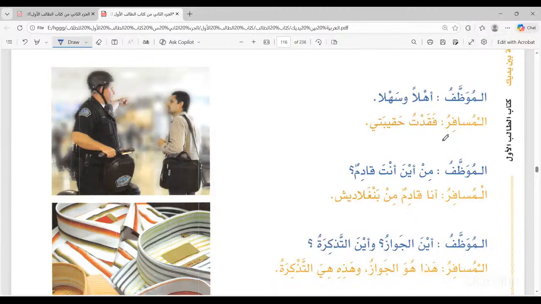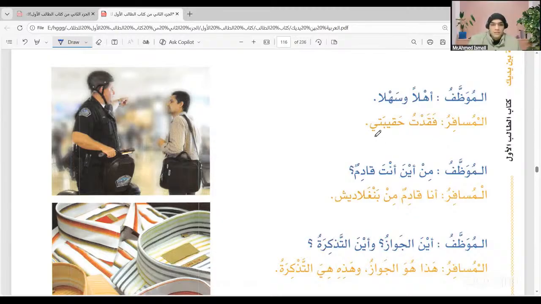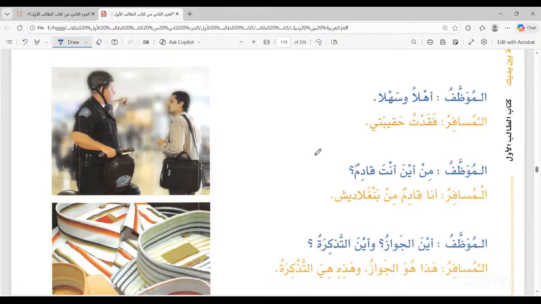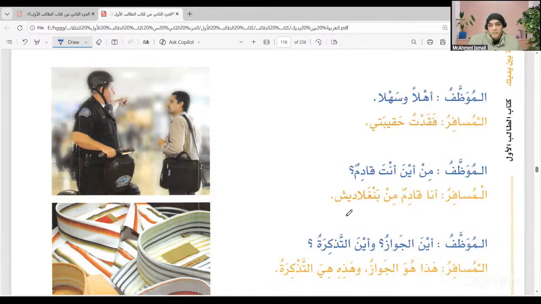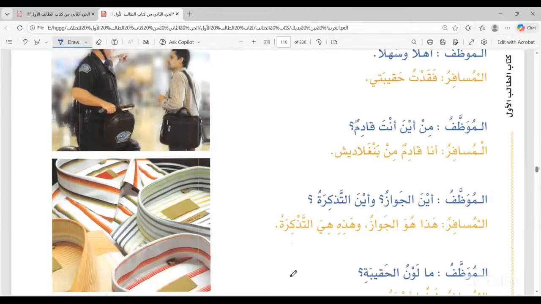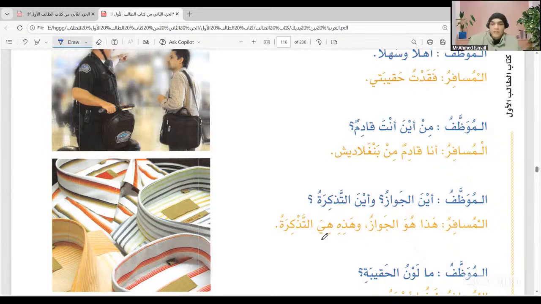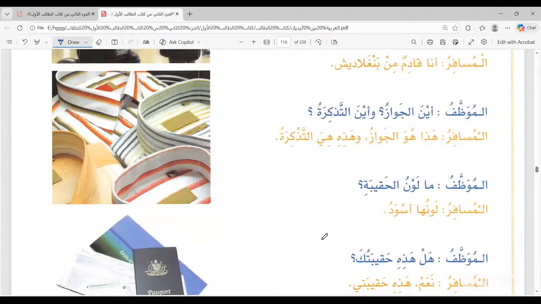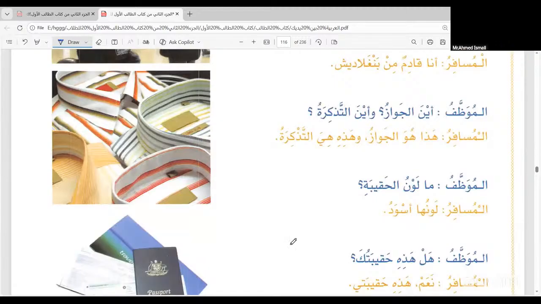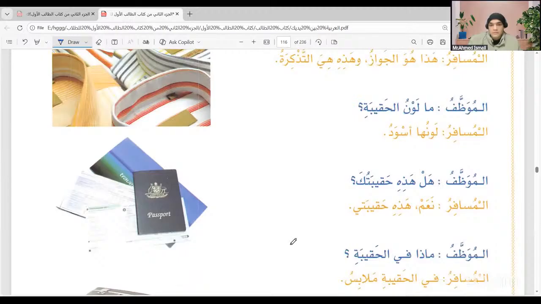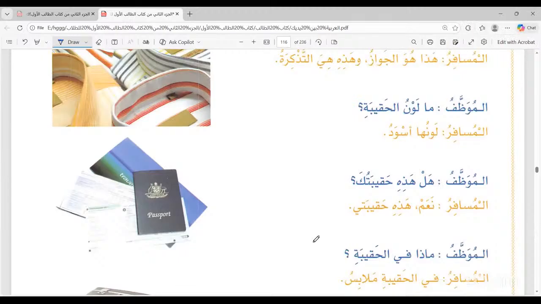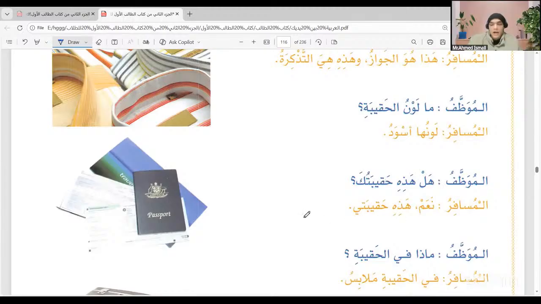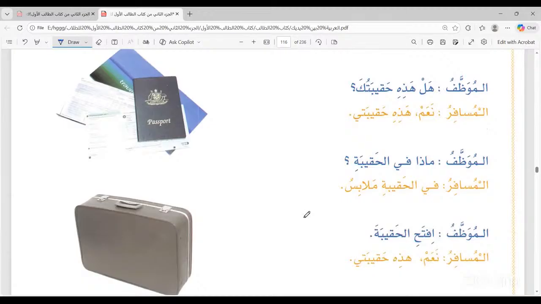أهلا وسهلا. المسافر: فقدت حقيبتي. من أين أنت قادم؟ أنا قادم من بنغلاديش، بنغلاديش. أين الجواز؟ أين الجواز؟ وأين وأين التذكرة؟ هذا هو الجواز وهذه هي التذكرة. ما لون حقيبتك؟ لونها أسود. ماذا في هل هذه حقيبتك؟ نعم هذه حقيبتي. ماذا في الحقيبة في الحقيبة؟ By the way, it's حقيبة.